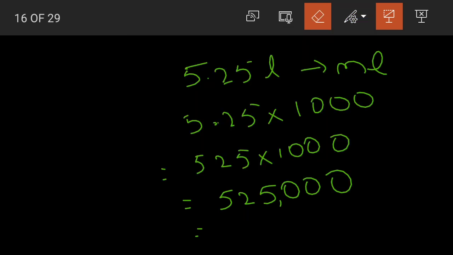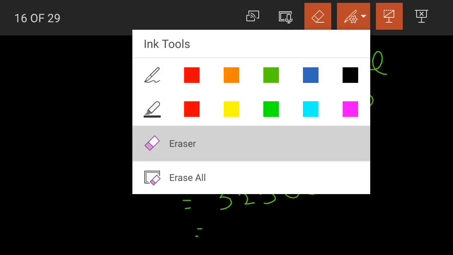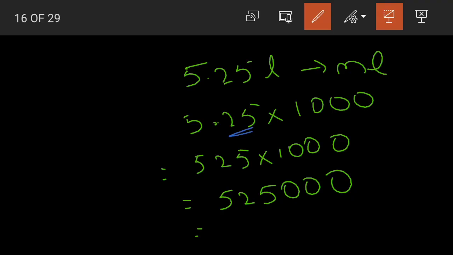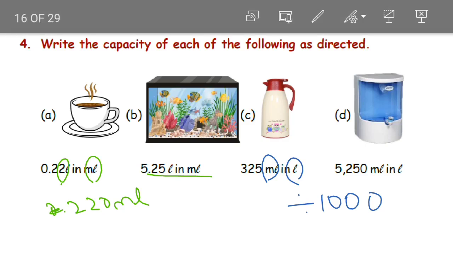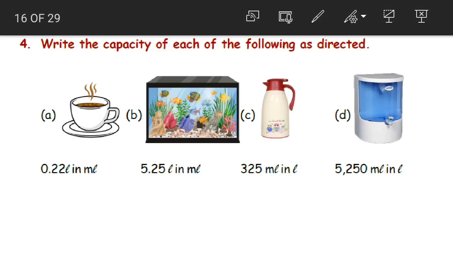Now coming to the decimal number here, children, we have 2 decimal places. So after 2 digits from the right, we'll place our decimal point. So our final answer is 5250 milliliters. Is this clear? Now for converting milliliters into liters, we'll divide by 1000. So this is how you need to convert different units.